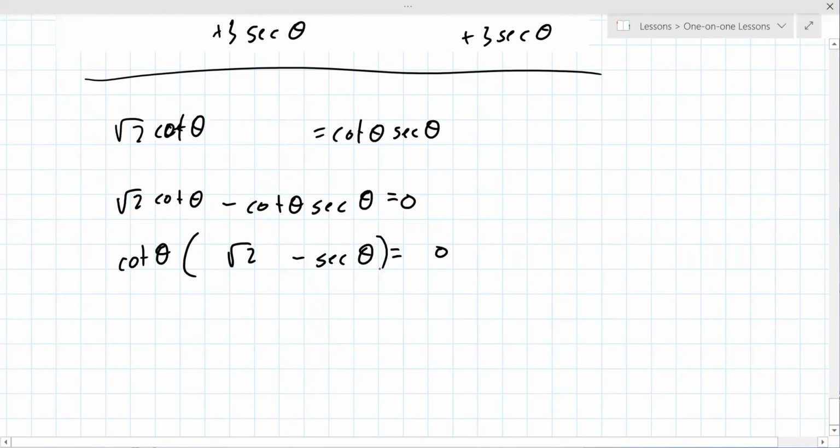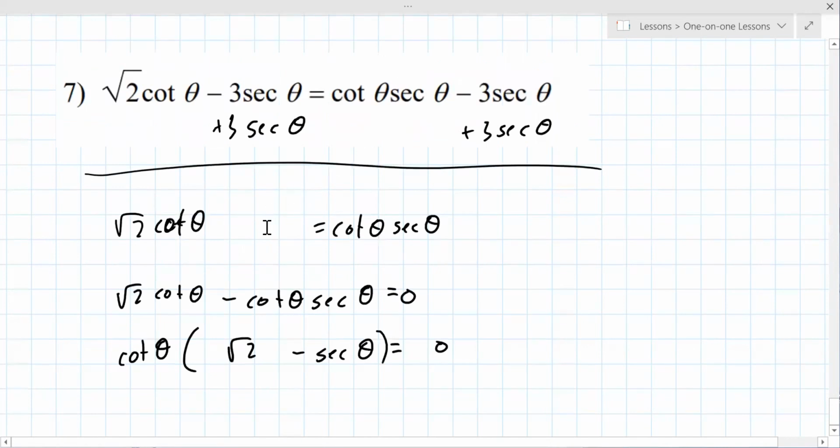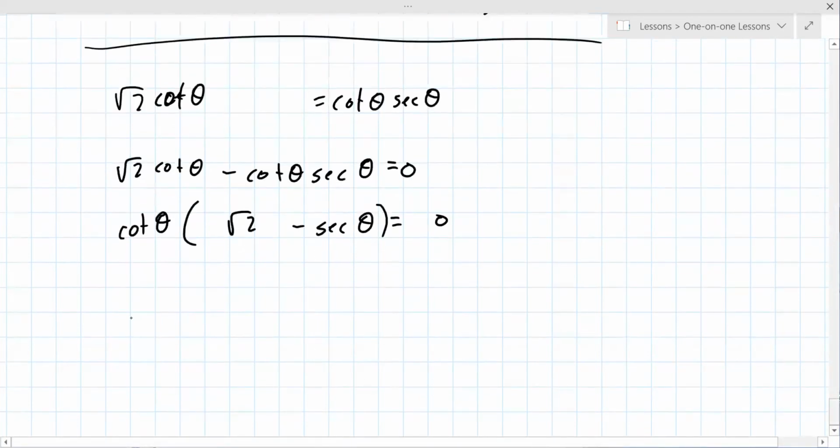And that doesn't seem right, but okay. Let me just check here. I just feel like I didn't catch something, but okay. So you're going to set cotangent theta equal to 0 and square root 2 minus secant theta equal to 0.